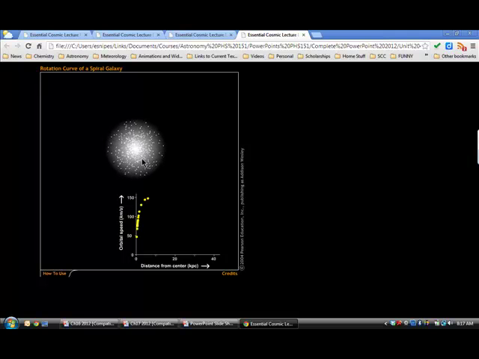I'm going out on the disk, getting farther and farther away from the supermassive black hole. And what we see is basically the velocity of the stars just peters out to a constant velocity. These disk stars do, which is different than we see with the motion of the planets in our solar system.